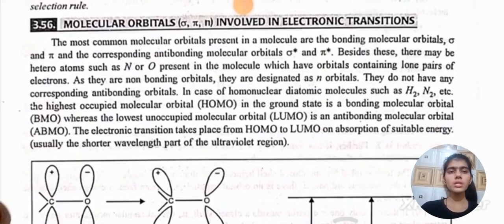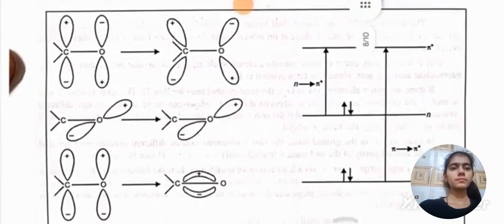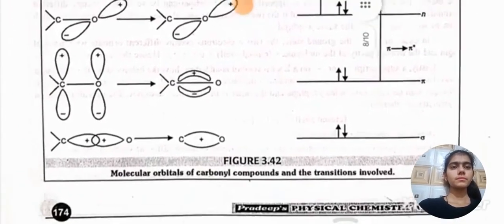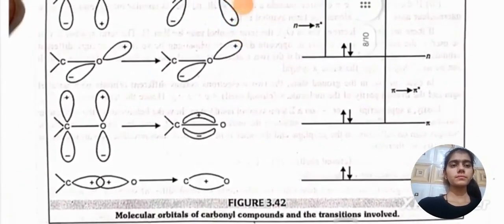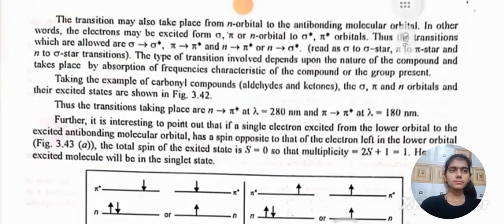The electronic transition takes place from HOMO to LUMO on absorption of suitable energy. The transition may also take place from n orbital to the antibonding molecular orbital.